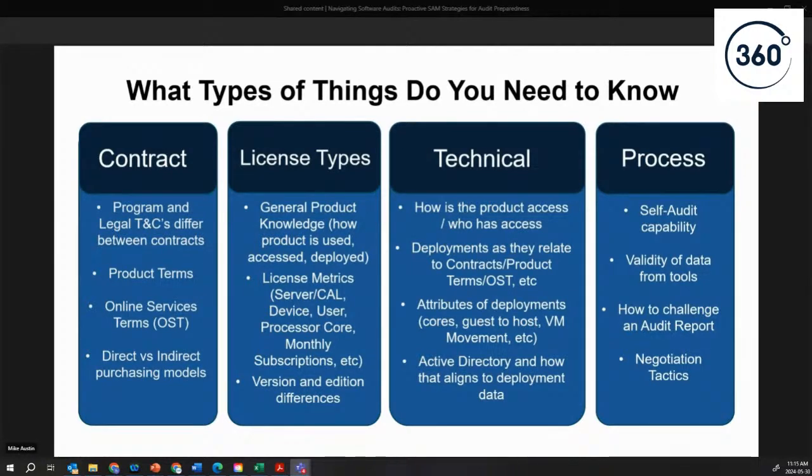SQL Enterprise can cover a SQL Standard server. So if I'm short on SQL Standard but have access to SQL Enterprise, I can assign that. But other products like Office Pro, I can't use to cover an Office Standard, right? So they're inconsistent across the product sets there. You also will find differences in versions, right?